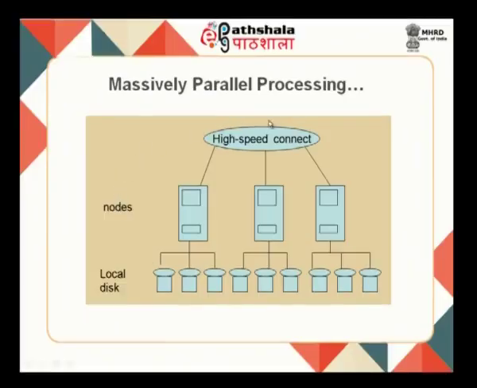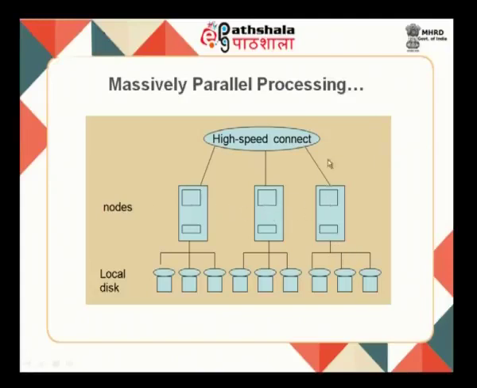The architecture of this massively parallel processing environment is shown here. We have different nodes, each node is associated with some number of CPUs, and the internal bus connects us to various local disks or data sources. Similarly, you have another node with its own storage, and a third node with its own storage. Likewise, you can have n number of nodes.